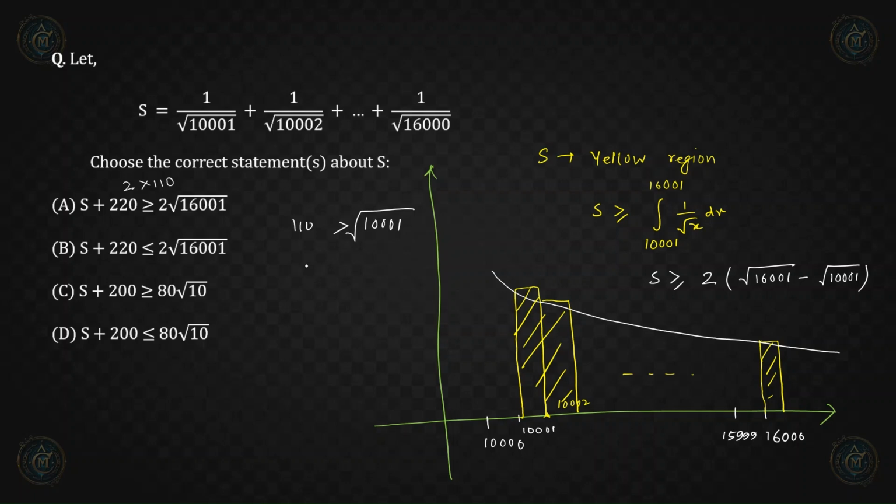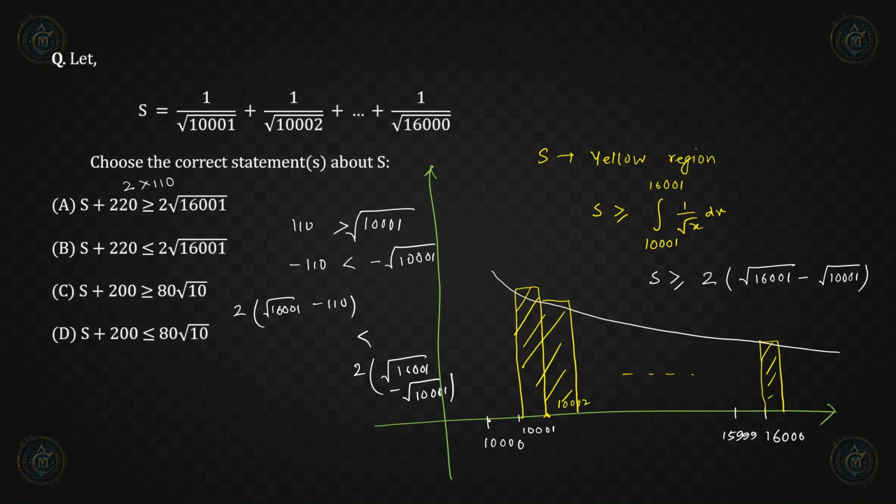That means if we multiply by a negative sign on both sides, we get minus under root 10,001. That means we can say 2 times under root 16,001 minus 110 is clearly less than 2 times under root 16,001 minus under root 10,001, right?